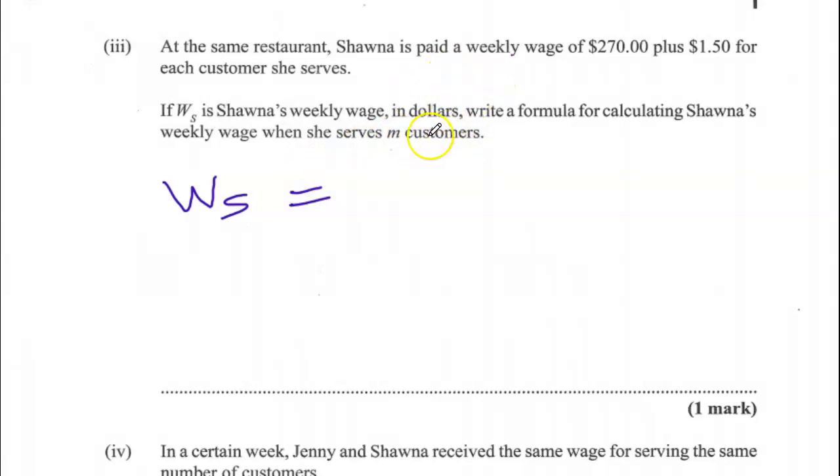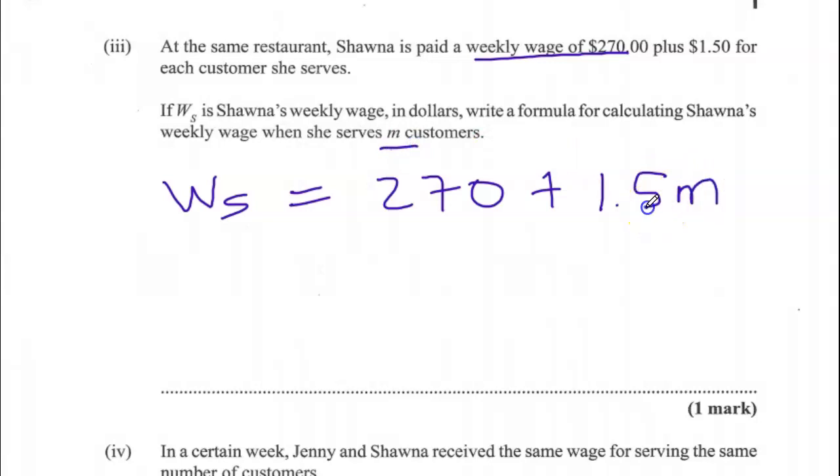So Shauna's weekly wage formula will be 270, that's a flat weekly rate, plus $1.50 per customer, so 1.50 times the number of customers called M, so 1.5 M. So that would be the formula for Shauna's weekly wage, where M represents the number of customers she served.